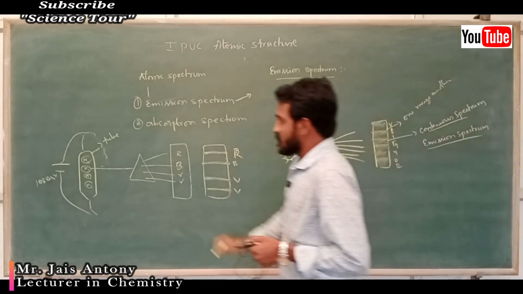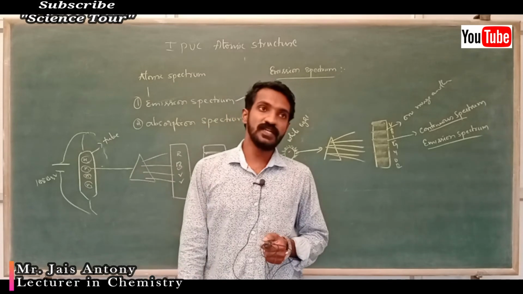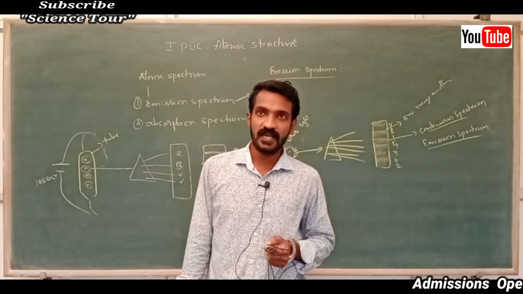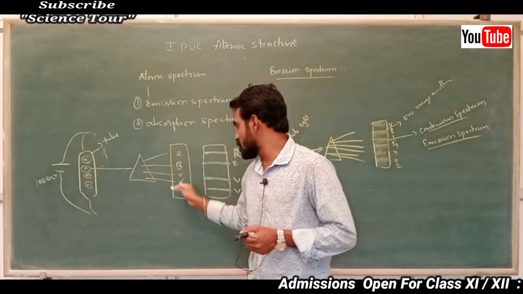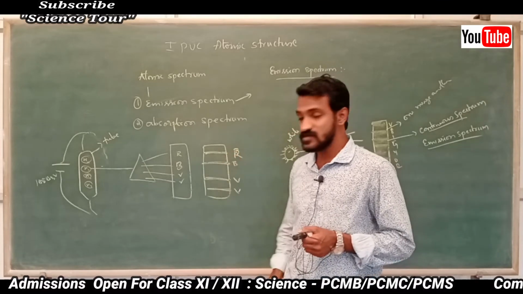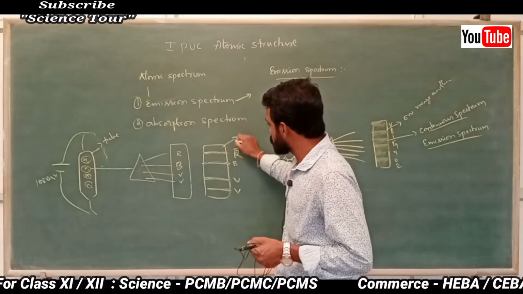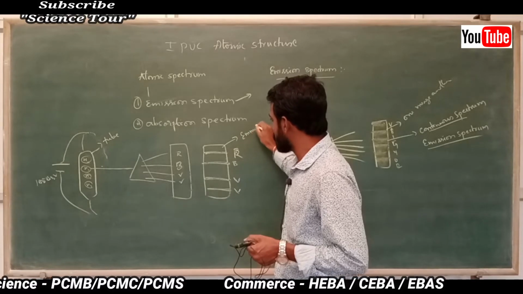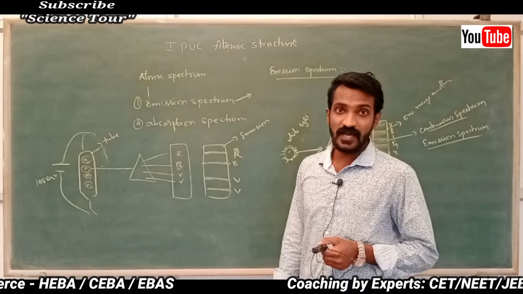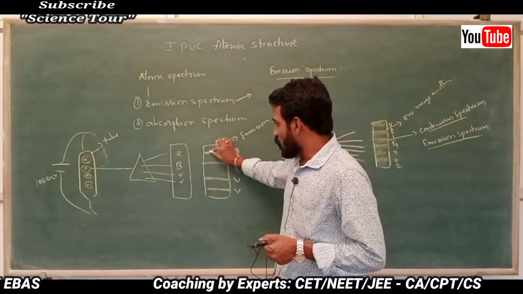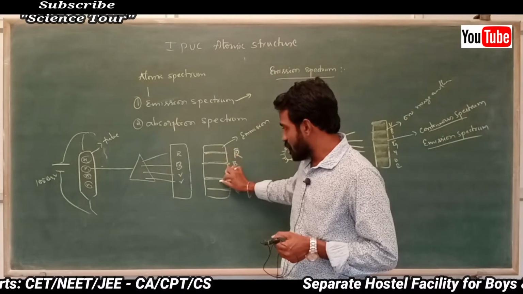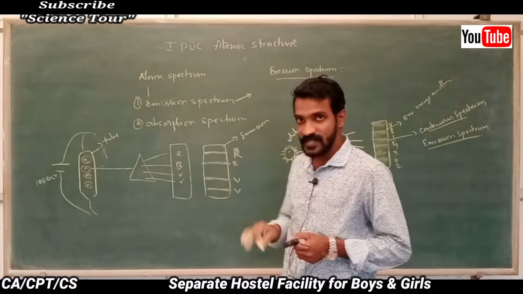Here hydrogen gas molecule is heated in a cathode ray tube and it gives different colors, and the different colors are arranged in a pattern: red, blue, violet. This is also an example for emission spectrum, color emitted from an atom. But at the same time, here you should see one color, after that one gap, again one more color, again one gap.